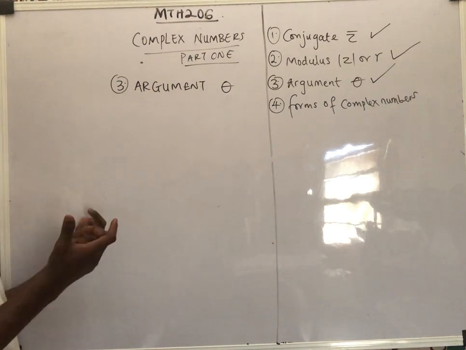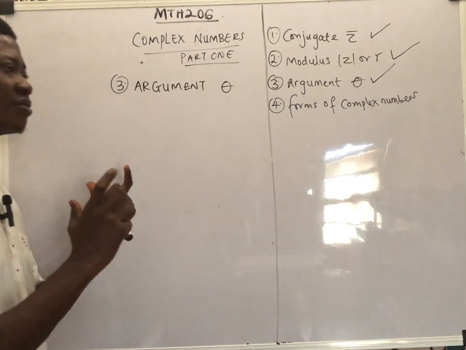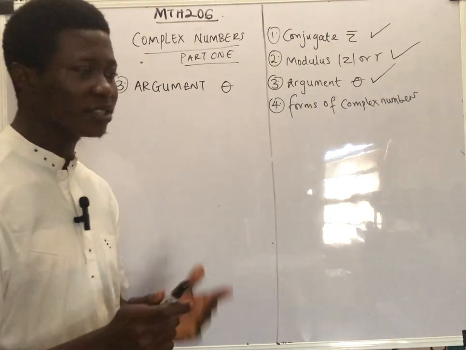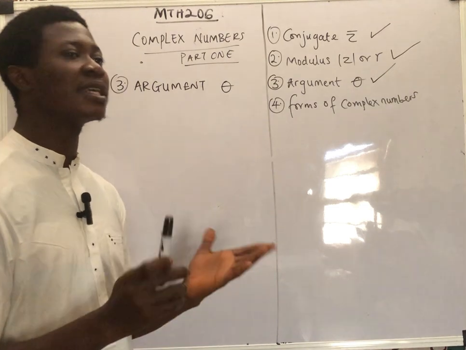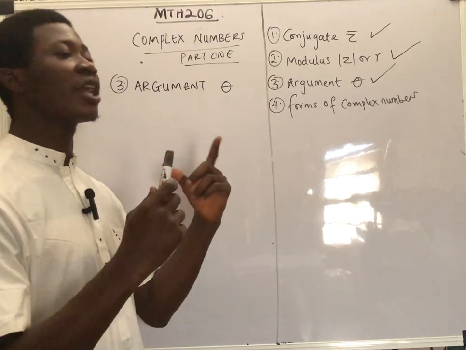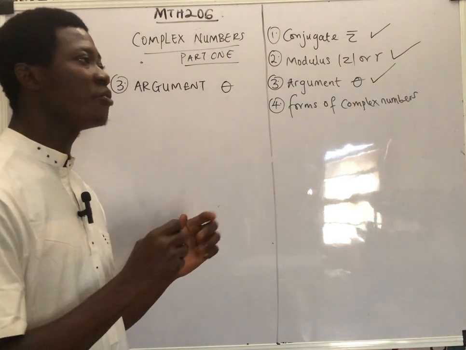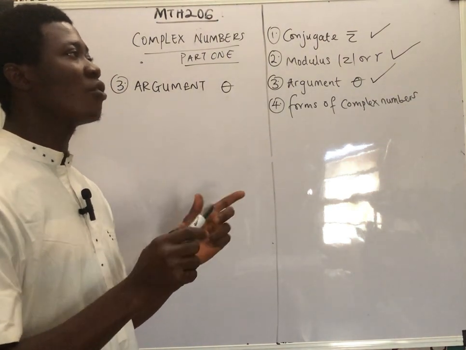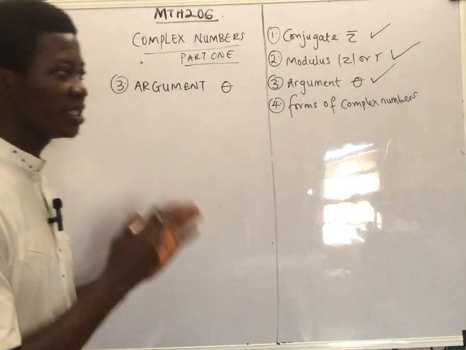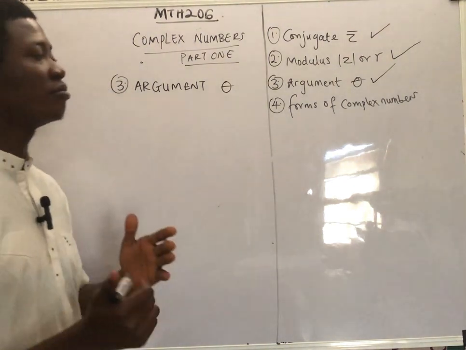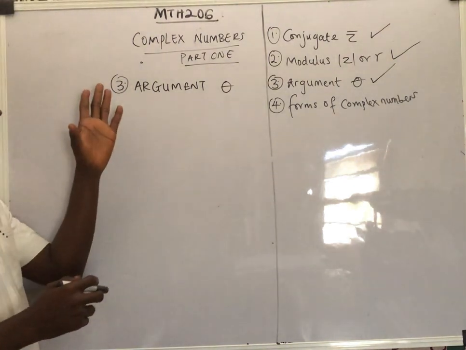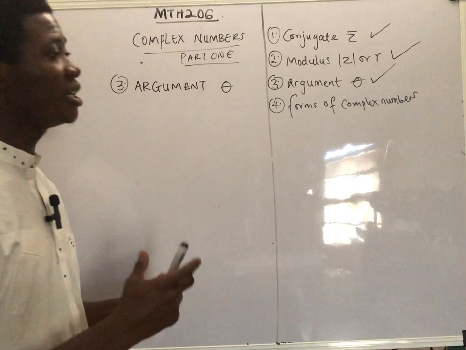So what is argument? We said that argument is angles, right? So since argument is angle, how do we obtain argument? Apart from how we obtain it, being an angle, is it going to be in degrees or in any other form? In the course of this course, it's going to be in radian.